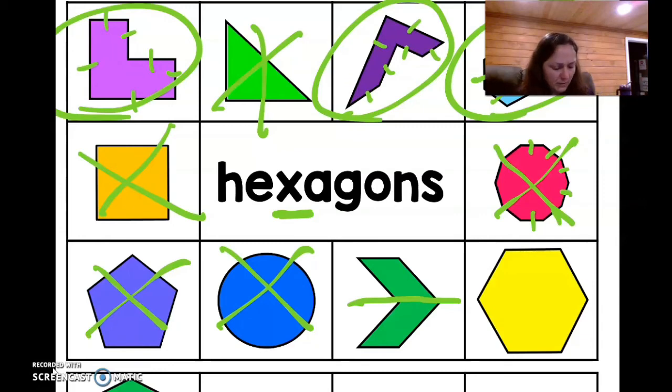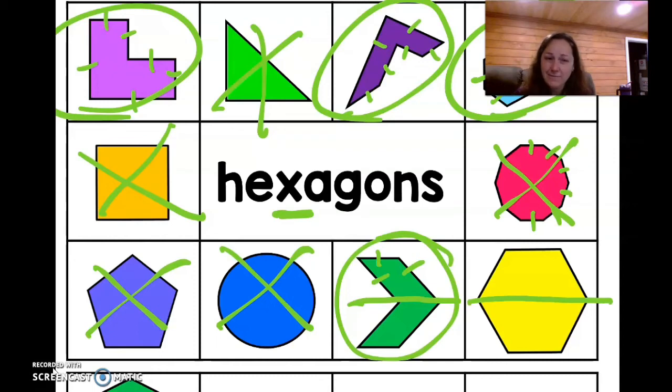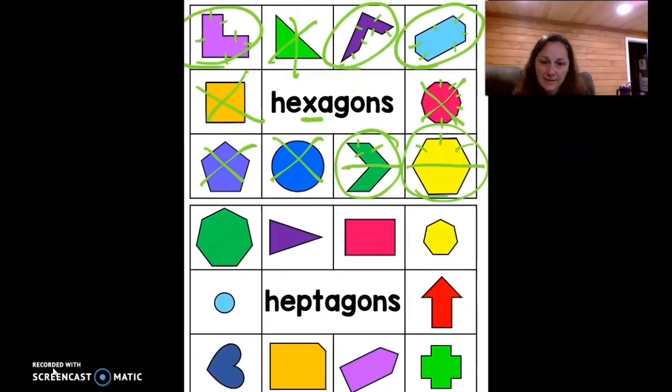So, 1, 2, 3. So I can look at this guy and go, yes, sirree, Bob, you are a hexagon. And then this one, let's split it in half. And let's see, 1, 2, 3. If the top half is 3, the bottom half would be 3. So he would also be a hexagon.